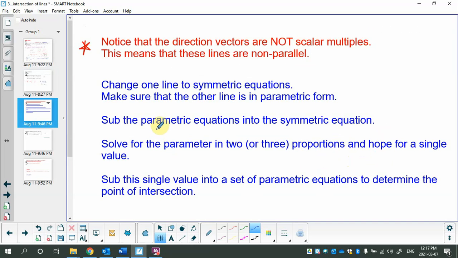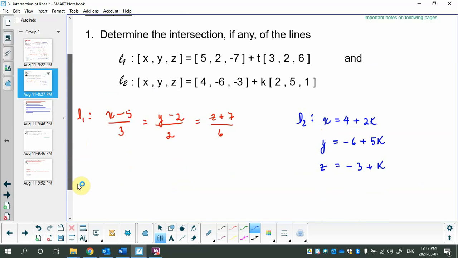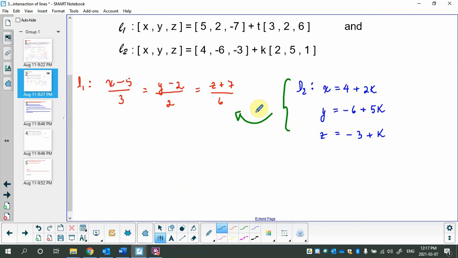The next thing is you get to substitute the parametric equations into the symmetric equation. So that means I am going to take the x, y, and z that's sitting here, and I'm going to substitute them in here. And that's going to take a little bit of work. I'm going to change colors, again, just for fun. So x is 4 plus 2k.